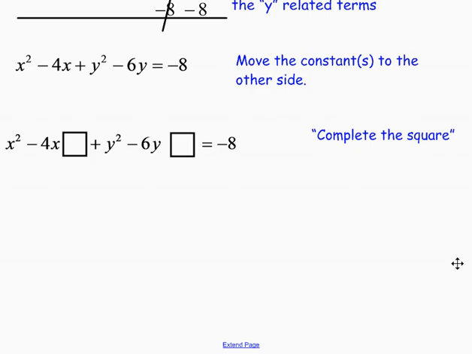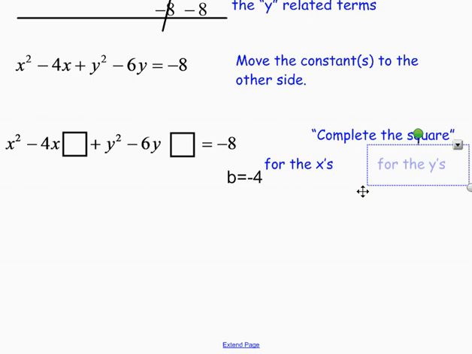All right, so now, do you remember how to complete the square? We have to take b divided by 2 and square it. So we have two b's here. For the x's, b equals negative 4, this over here.